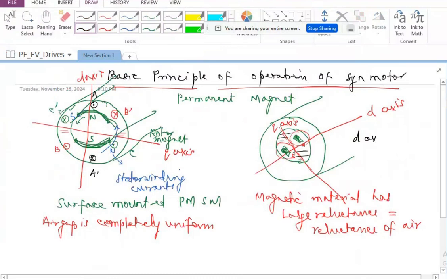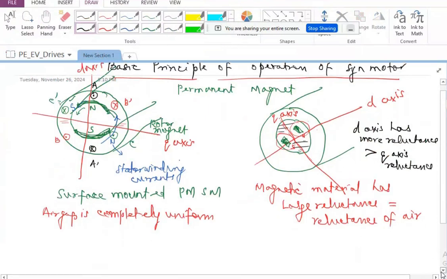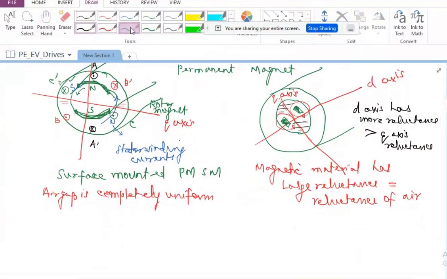D axis has more reluctance compared to Q axis reluctance. Reluctance and inductance are inversely related to each other. So in this particular case, L_D, the direct axis inductance, when a winding is along the direct axis, is going to manifest less inductance as compared to when it is along the quadrature axis.